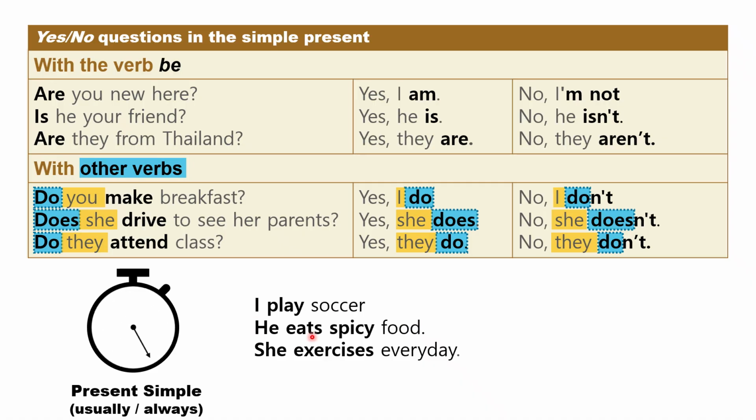It's just something he does often. She exercises every day. Again, this is just always, usually. It's not the past, but it's not right now. These are just habits. In Unit 3, we're going to learn how to talk about now.